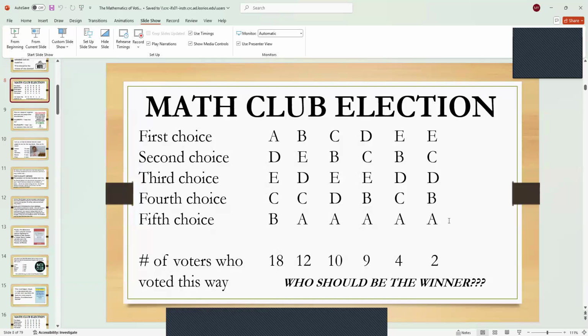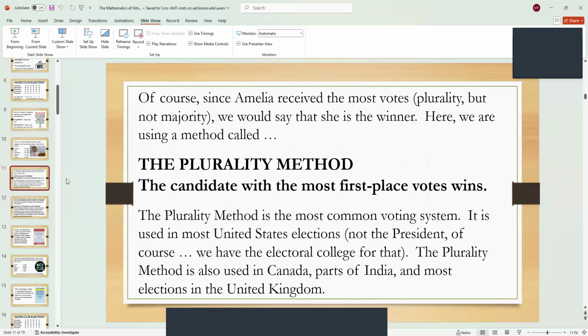That's not fair. That's what those 37 people would say. And 37 is a majority out of 55. It's definitely at least 28. So the majority of people can't stand Amelia, yet she's the winner if we are using the plurality method.